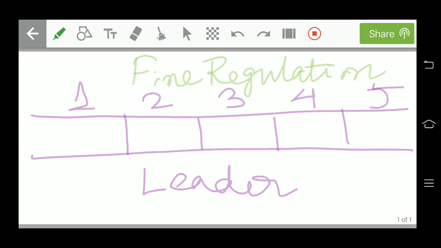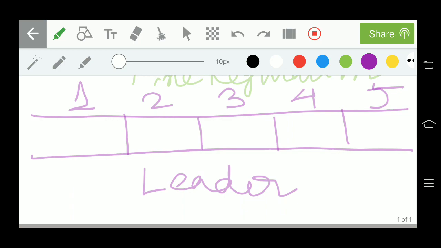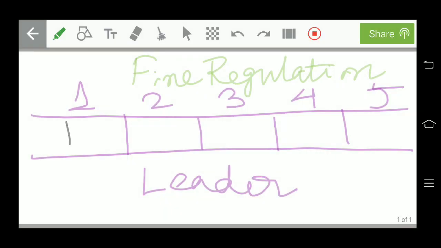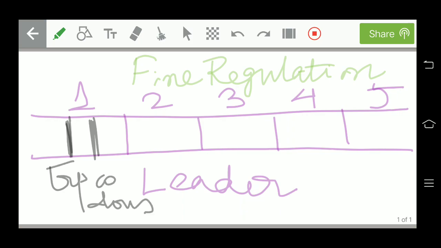And in the first segment, there are certain, these are the 2 tryptophan codons. So these are trp codons which are present in the first segment.